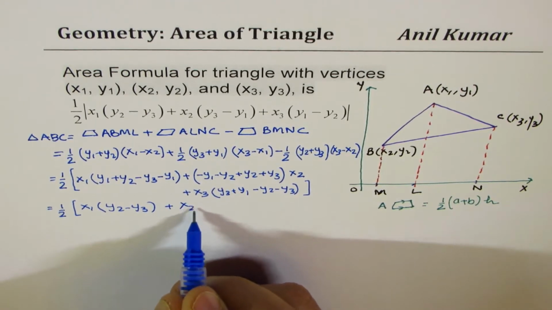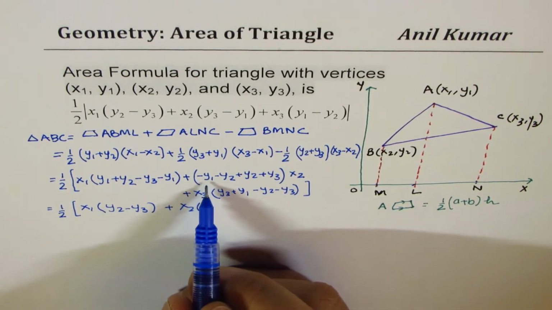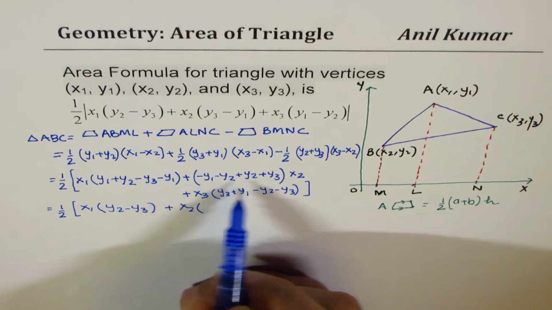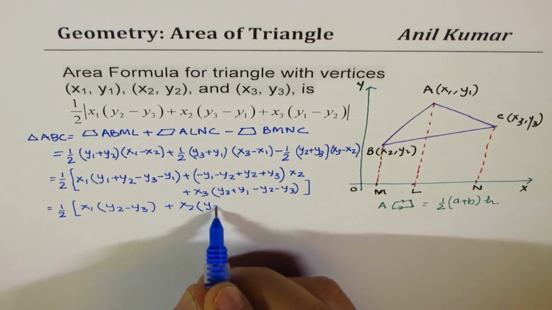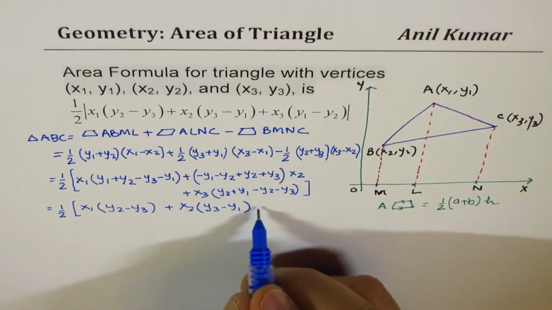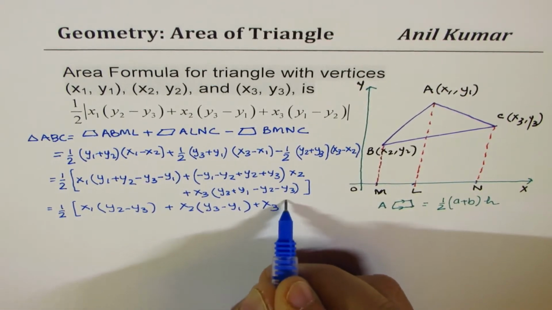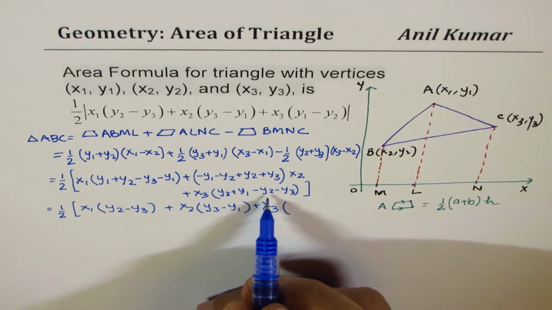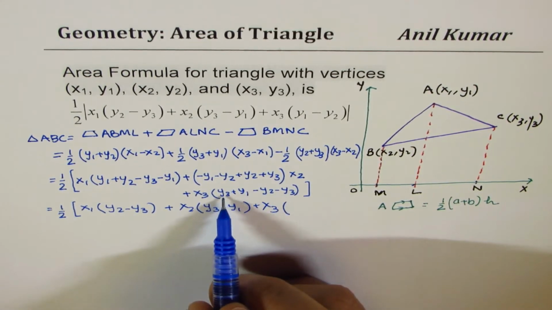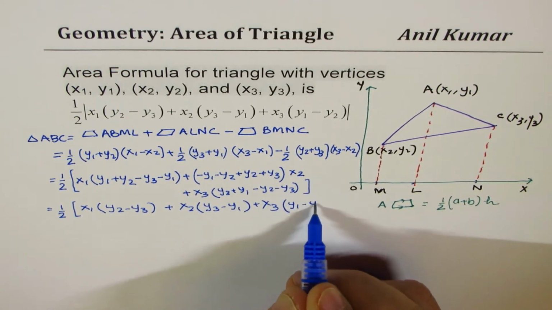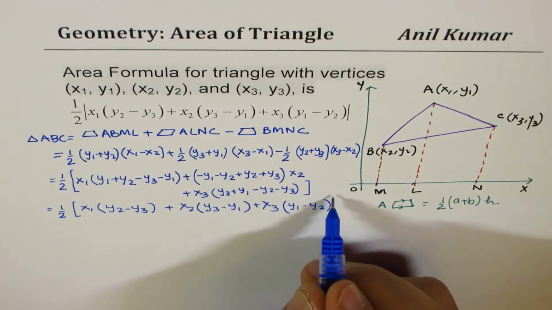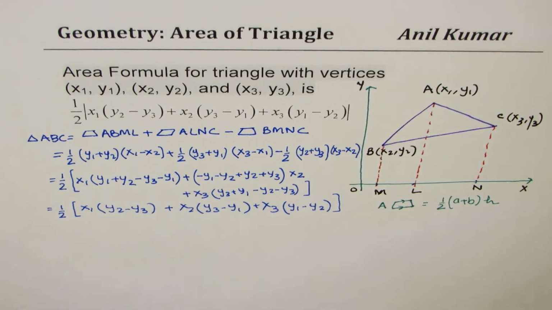Plus with x2, what do we get? We have y2 and y2 cancel, so we get y3 minus y1. And with x3, y3 and y3 cancel, we get y1 minus y2. Correct? So that is the formula which you get as area of a given triangle.